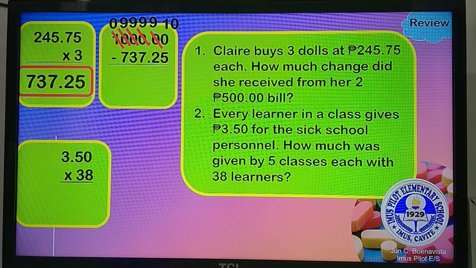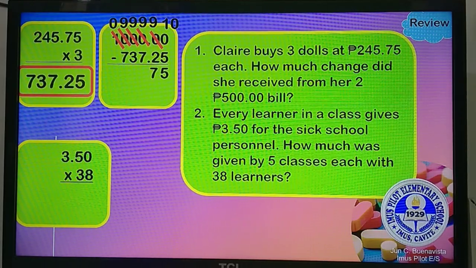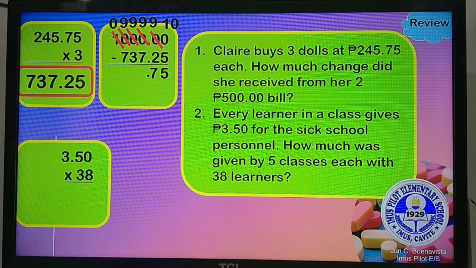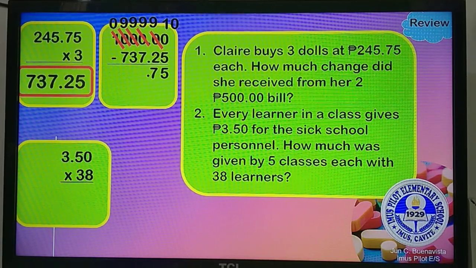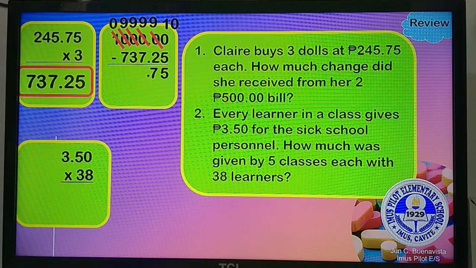10 minus 5 equals 5. 9 minus 2 equals 7. Then, bring down or copy the decimal point. Take note, that is the importance of decimal points. Then, we have 9 minus 7 equals 2. 9 minus 3 equals 6.